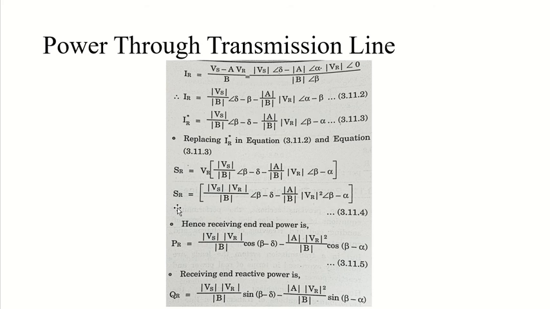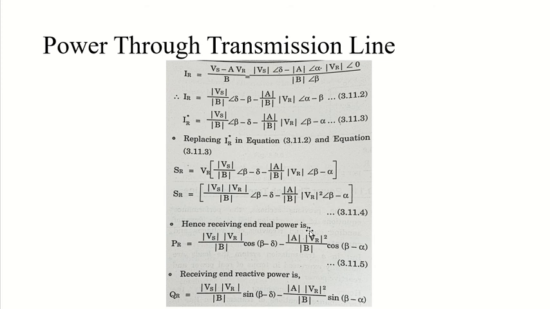So when we do that, we will get PR is equal to Vs VR divided by B. The term which represents amplitude will remain the same. So Vs VR by B will remain the same, and angle beta minus delta will become cos beta minus delta. Again, for the second term, the term which represents the amplitude will remain the same. So A VR square divided by B will remain the same, and angle beta minus alpha will become cos beta minus alpha.